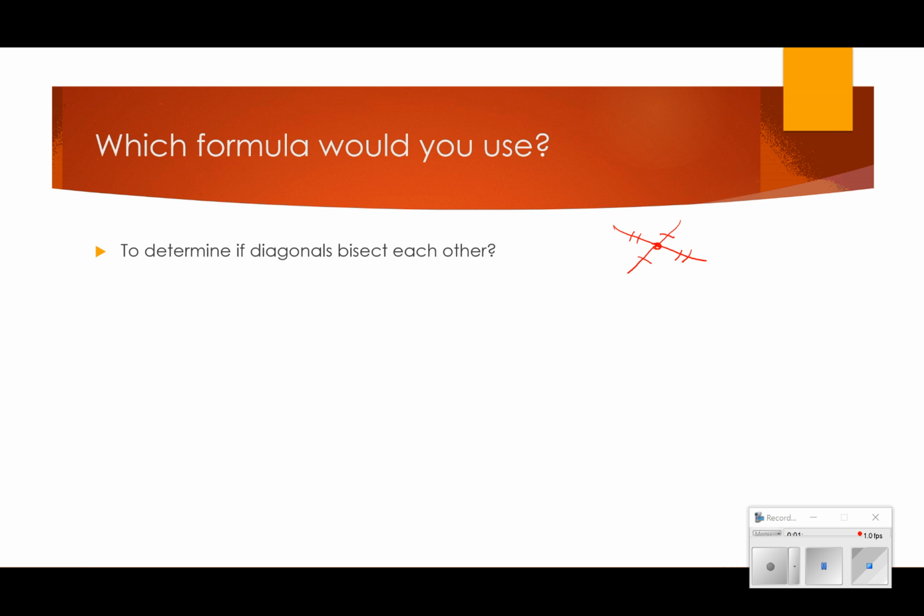They're not necessarily congruent to each other, but we're going to get congruent halves. So to determine if diagonals bisect each other, I'm going to use the midpoint formula, because if they have the same midpoint, then they would be bisecting at that point. If I want to decide that opposite sides of a quadrilateral are parallel, I can use the slope formula, because remember, parallel lines have the same slope.